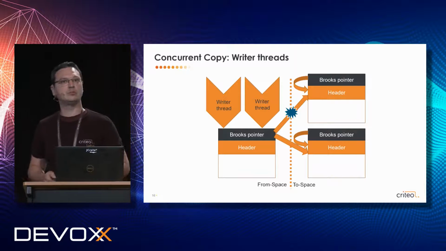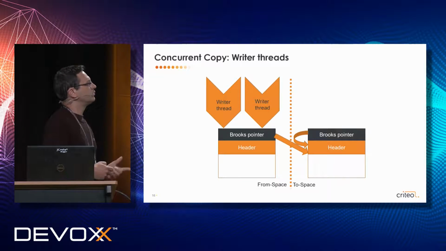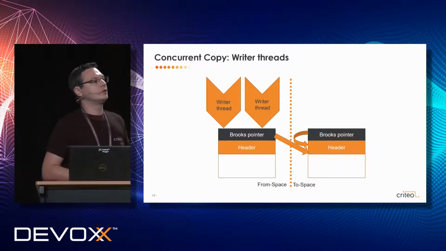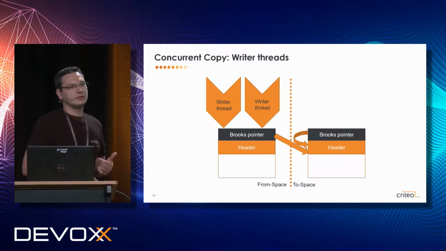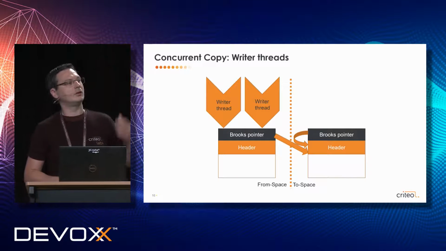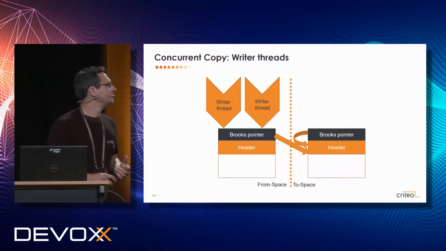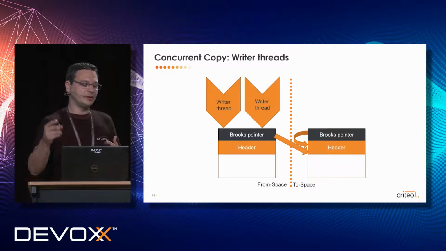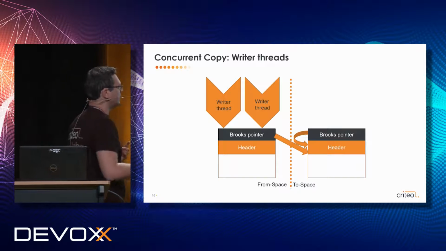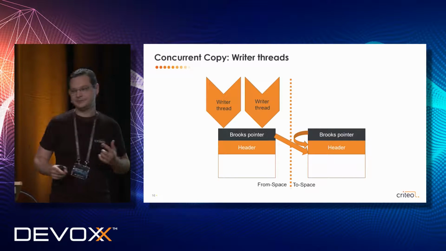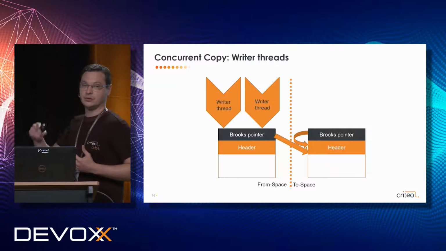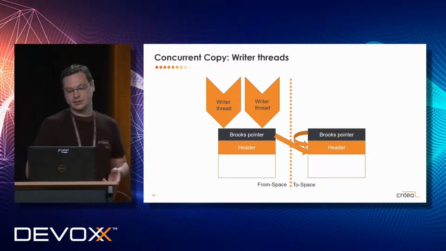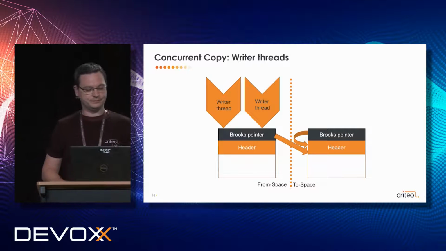I need to reread the Brooks pointer and see that it has been updated and use the new one to access the correct object, and the other copy of the object will be discarded. So one will really copy the object, update the Brooks pointer, and then the other thread will just follow the Brooks pointer and write into the object at the correct location.